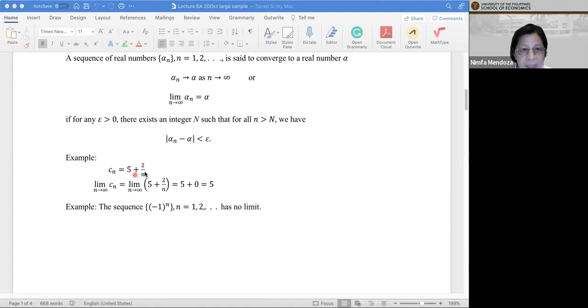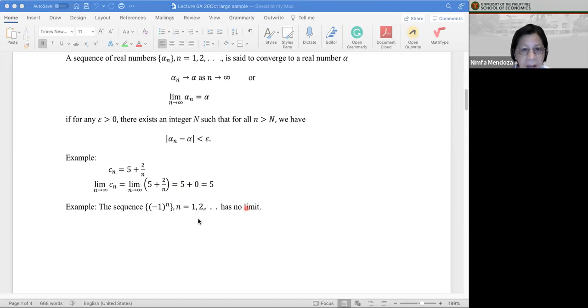You get the limit of 5 plus 2 over n as n approaches infinity. The limit of 5 is 5. The limit of 2 over n as n approaches infinity, n becomes a very large number, so the limit is 0. So the limit of C sub n is equal to 5.